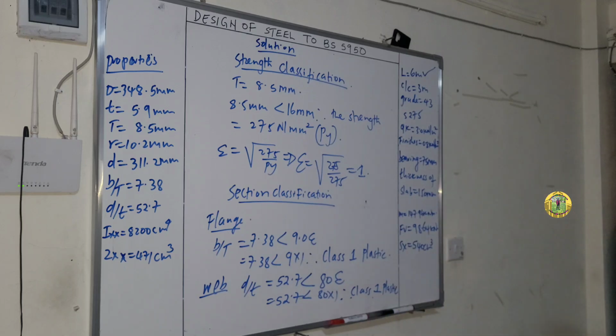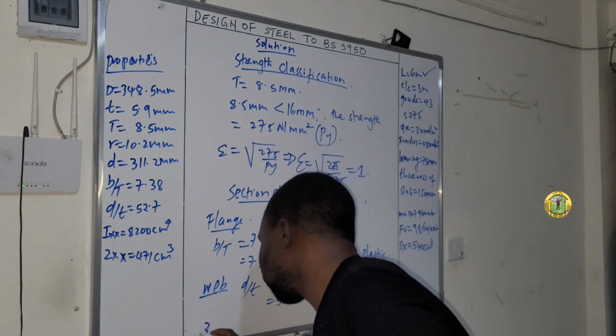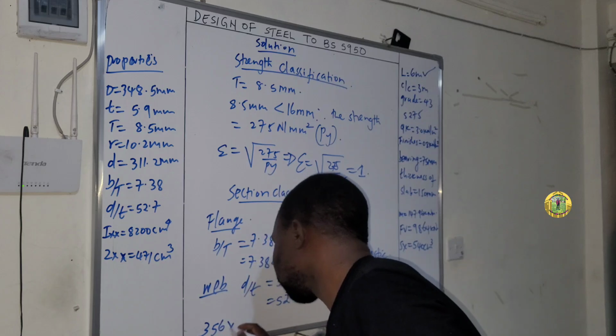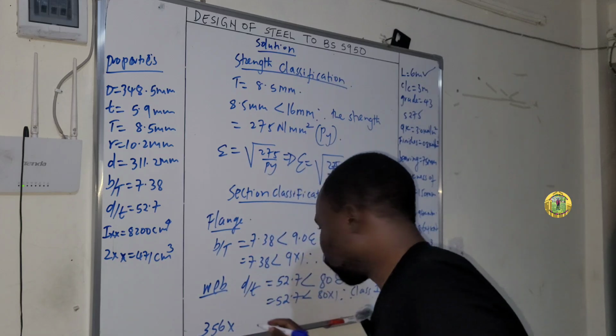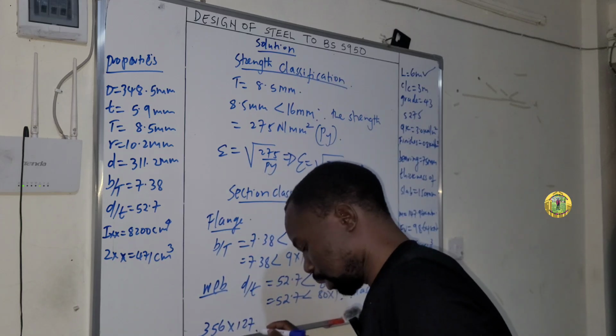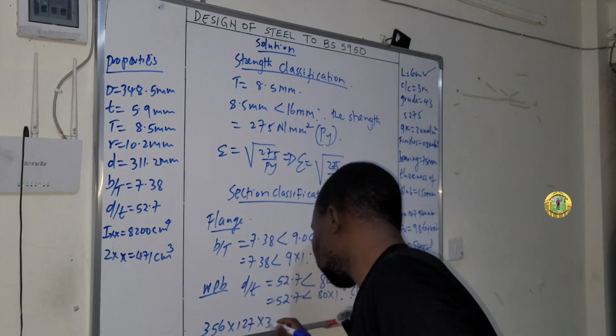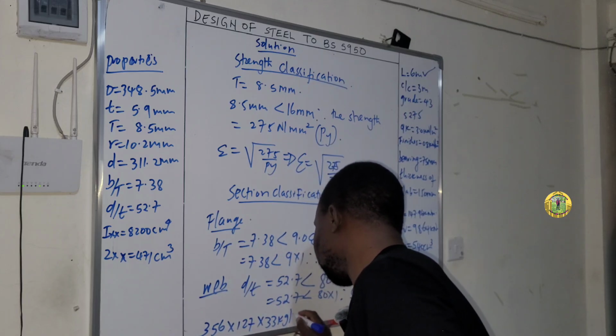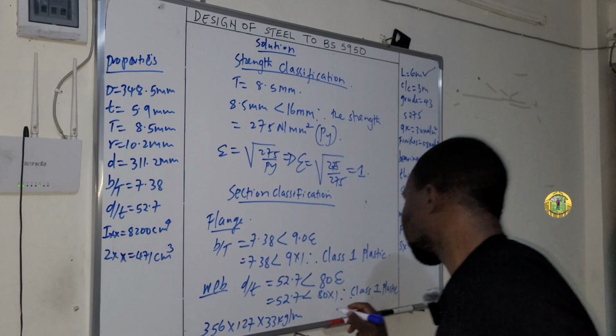Like that. After doing so, you will say that the section, which is 356, this is the depth, by 127 by 33 kilogram per meter, is class 1 plastic.